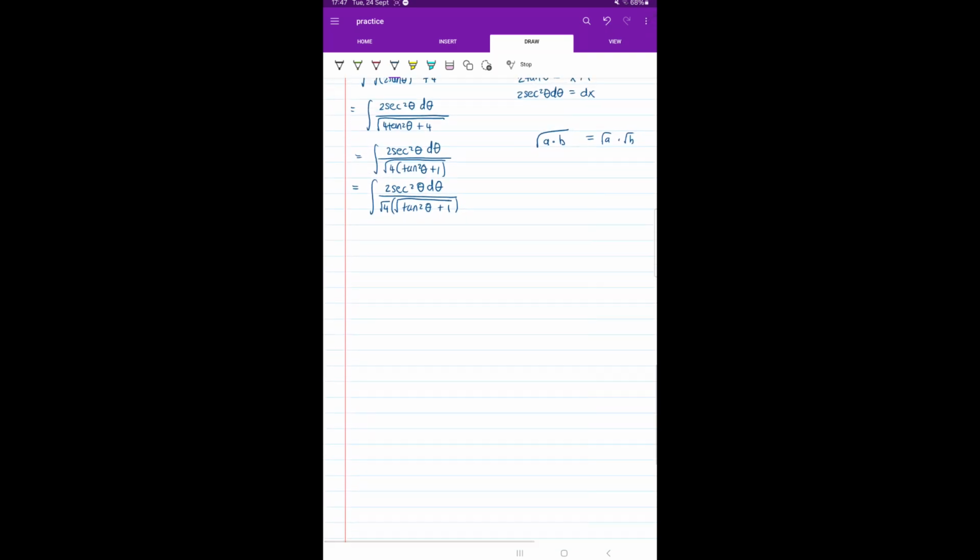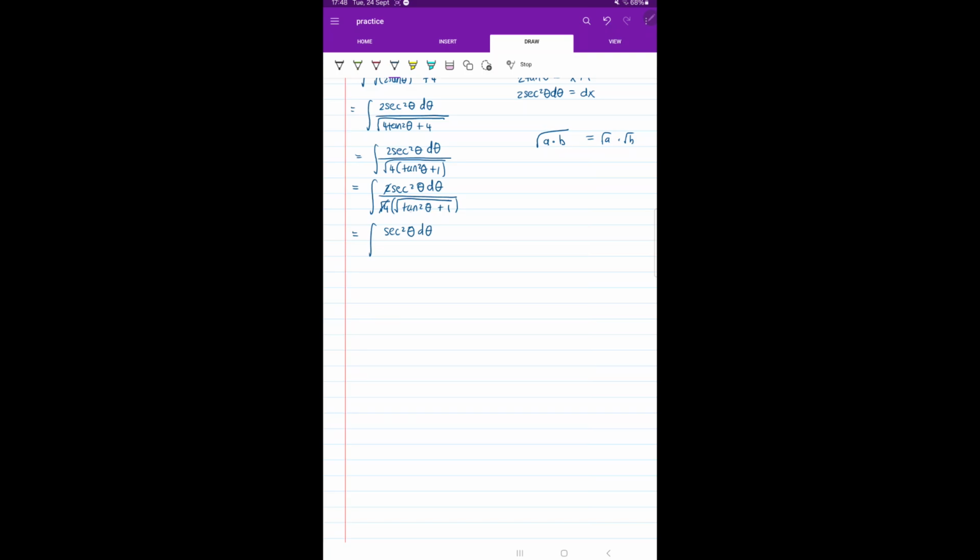And with practice, you can go from this step all the way there in one step. So now, hopefully we realize that root 4 is 2. These 2's would cancel. So now we have secant squared theta d theta.